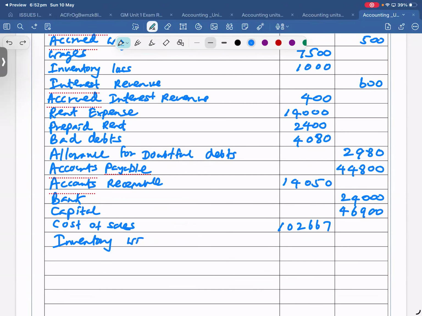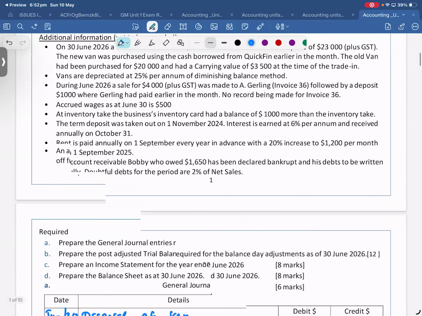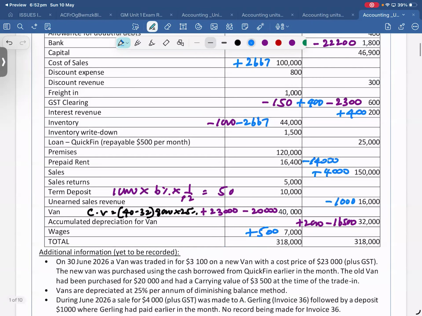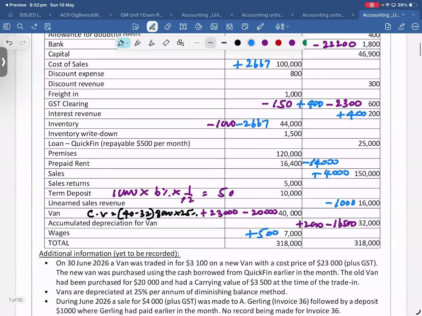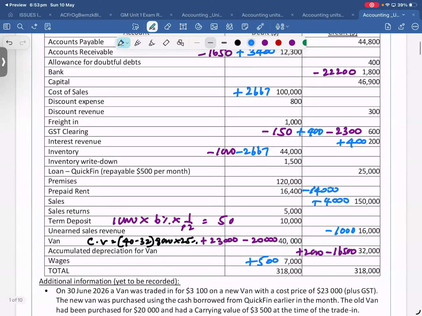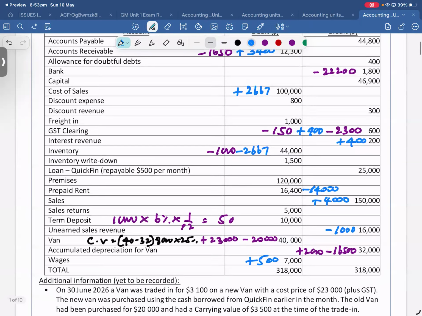Discount. Which discount? Did I miss anything? Ah, yes, I have missed a lot. After cost of sales, I have gone straight away to the inventory write down.